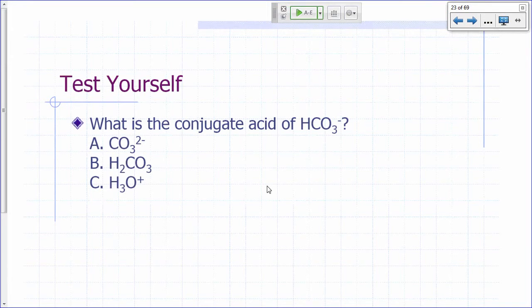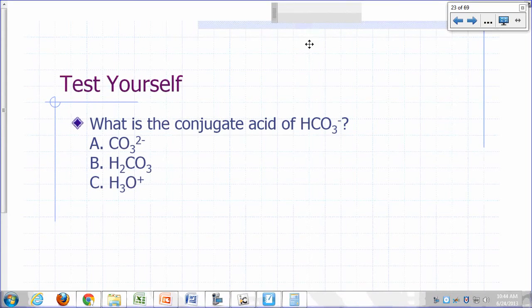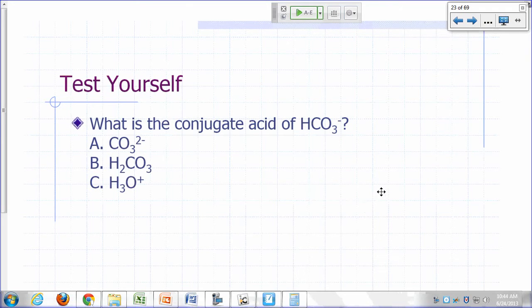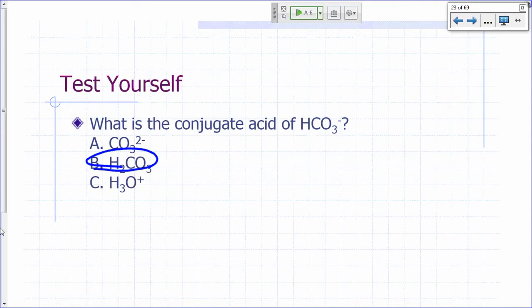So what is the conjugate acid of HCO3 minus? A base is a proton acceptor. So when this base picks up a proton, what do you get? You get H2CO3. And what you get is the conjugate acid.